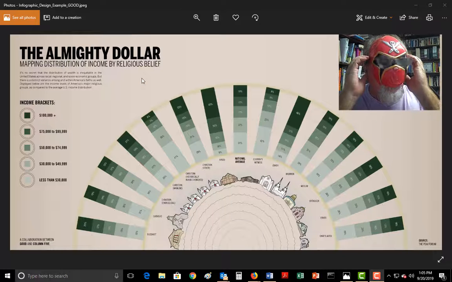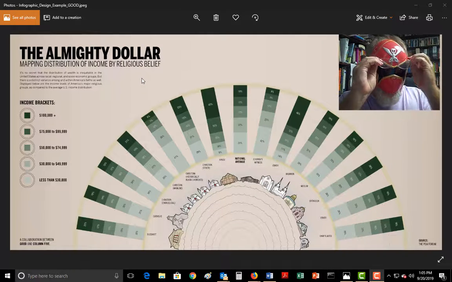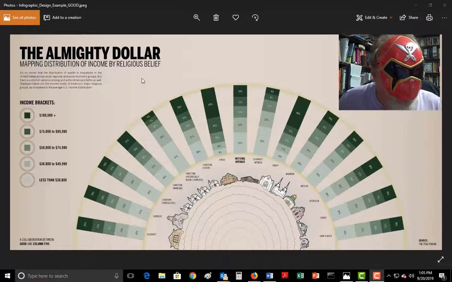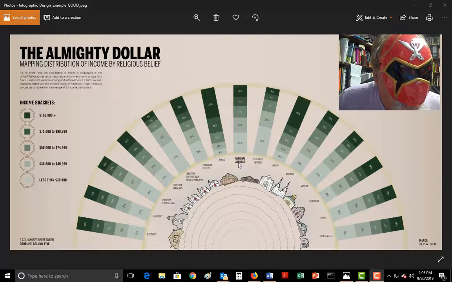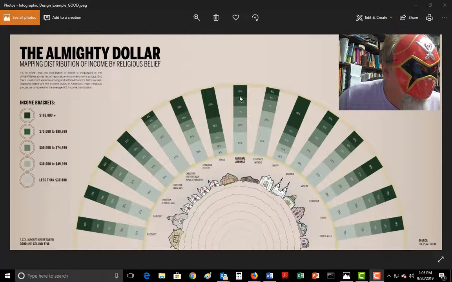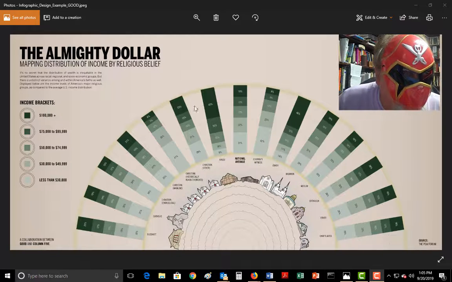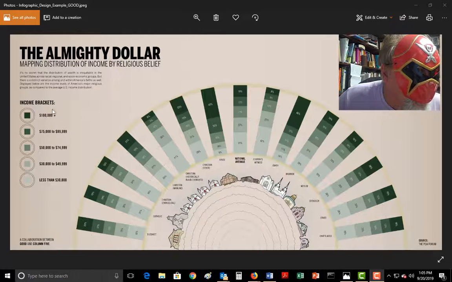And so, what we find out, oh darn, maybe if we go this way, it's not going to work. Okay, what we find out is that if we look here, we have the national average, so see what the average is, and the dark green columns are going to show the amount of money and wealth. So the people with the most money are going to have the dark columns.